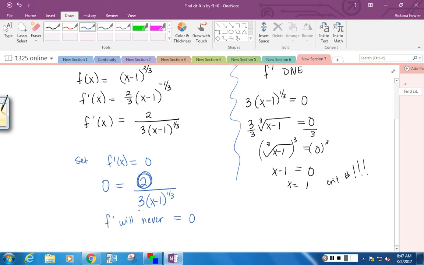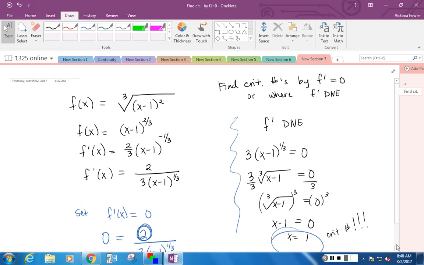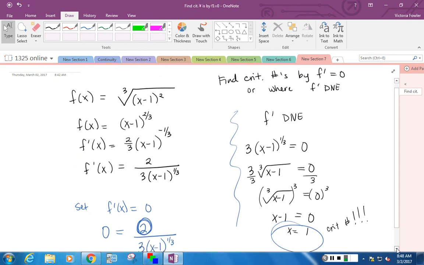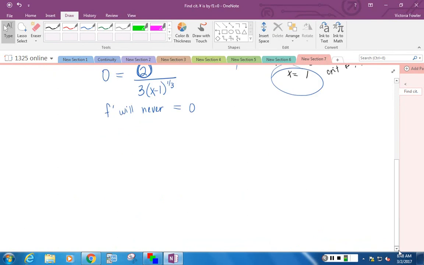It could be really small, it could be really large, depending on what we're putting in here. But it will never equal 0. So it looks like my only critical number comes from what we did initially, and that was me just paying attention and noticing that, hey, I'm working with a rational function here, and my denominator I can't divide by 0. So we've only got one critical number.